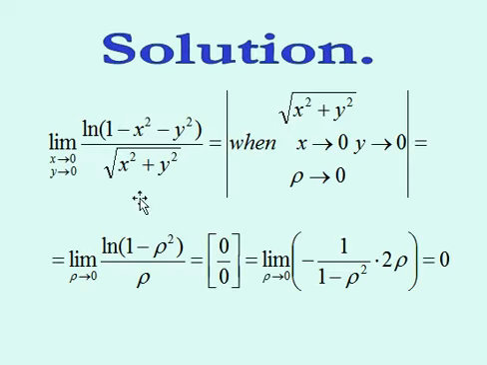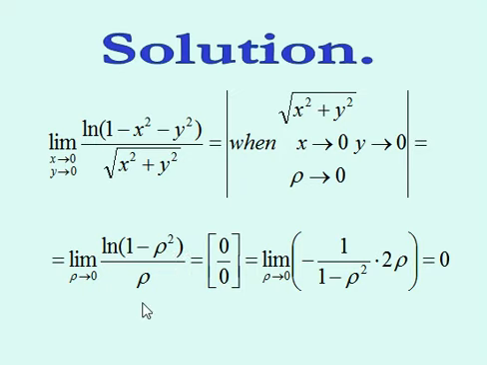To calculate such a limit, we may denote by rho the whole expression, square root of x squared plus y squared. Then rewrite this limit as the limit when rho tends to 0, because we may replace both x tends to 0 and y tends to 0 by rho tends to 0, of natural logarithm of 1 minus rho squared divided by rho.